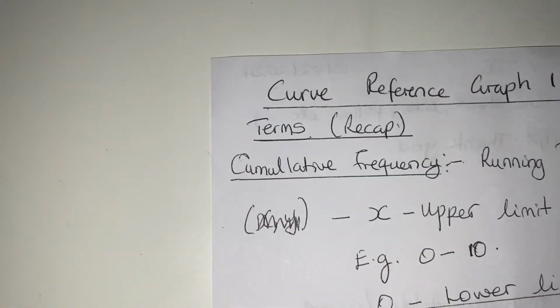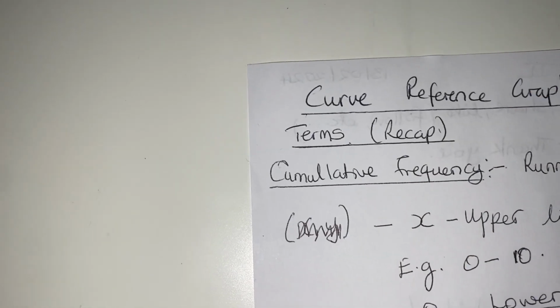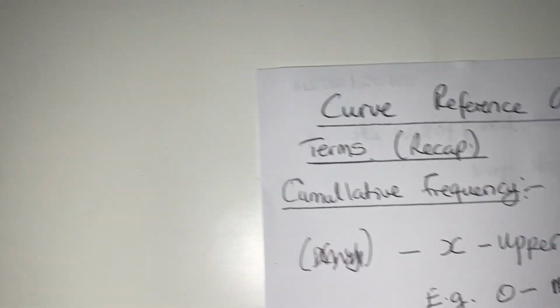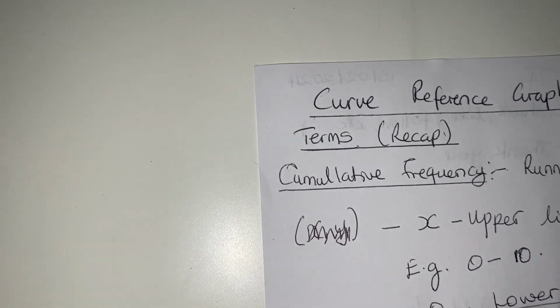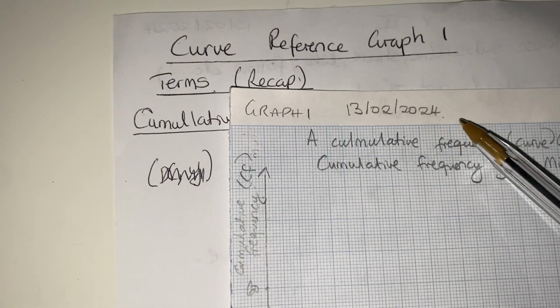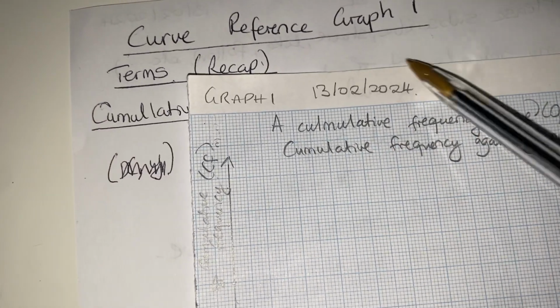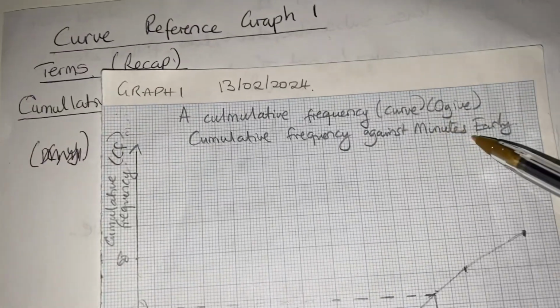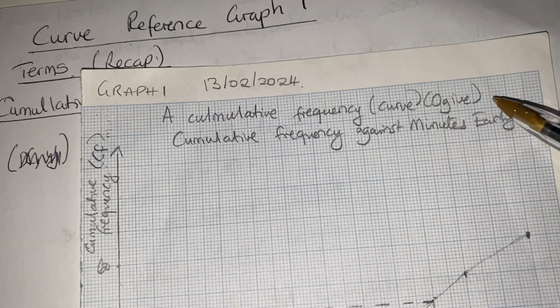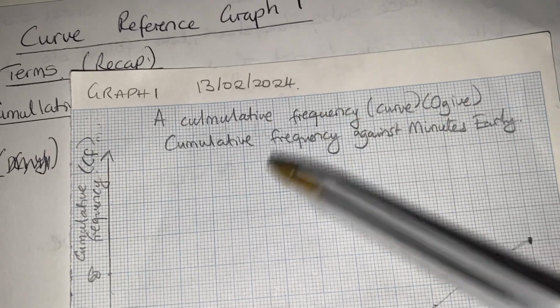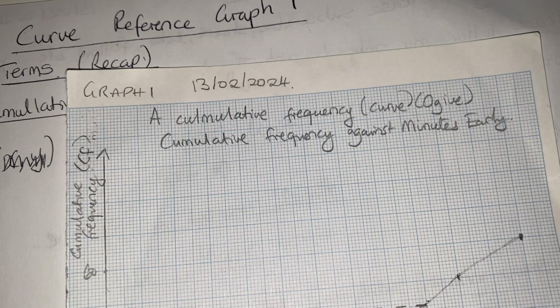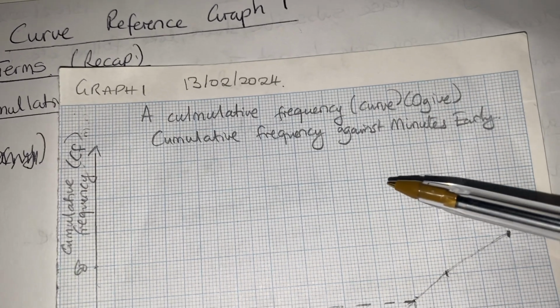Okay. Now, the curve reference 1. So this is the curve I'm showing you now. I have a title there. I was going to do 2 graphs, but I thought I'll leave it as 1 because there's a lot to learn from this today.